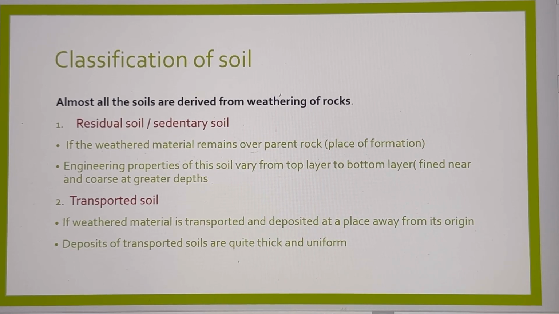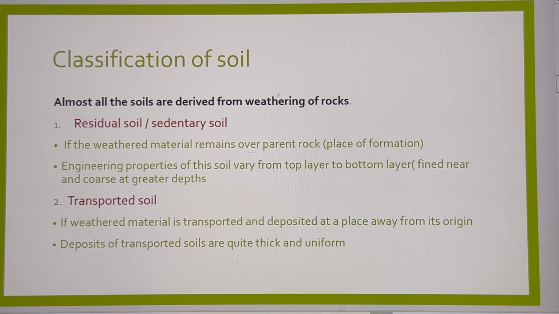Then transported soil. If the weathered material is transported and deposited at a place away from its origin, the deposits of transported soils are quite thick and uniform. These are very important, that is, what are the different types of the soil? We have residual soil and transported soil.